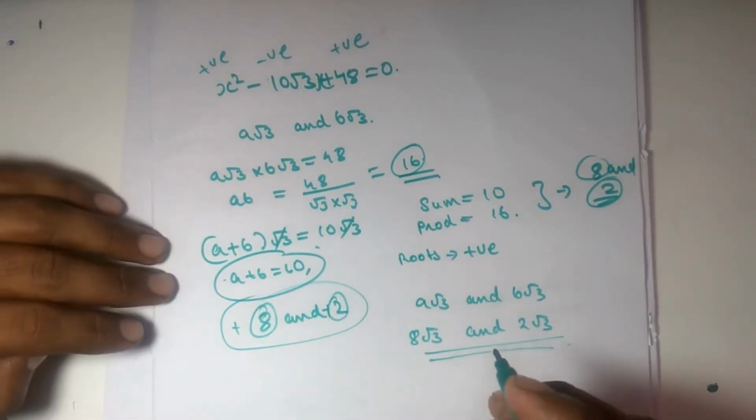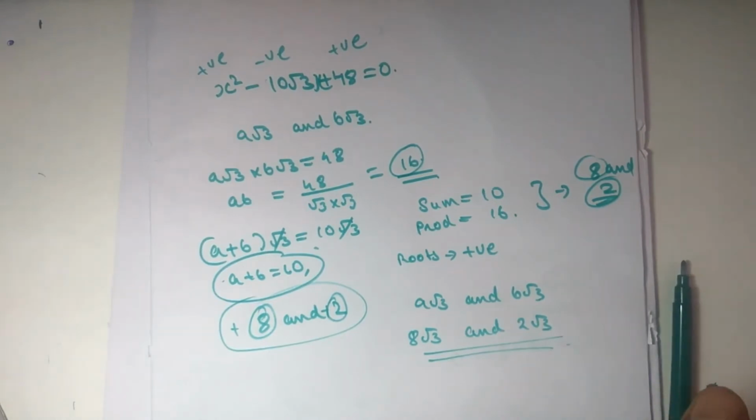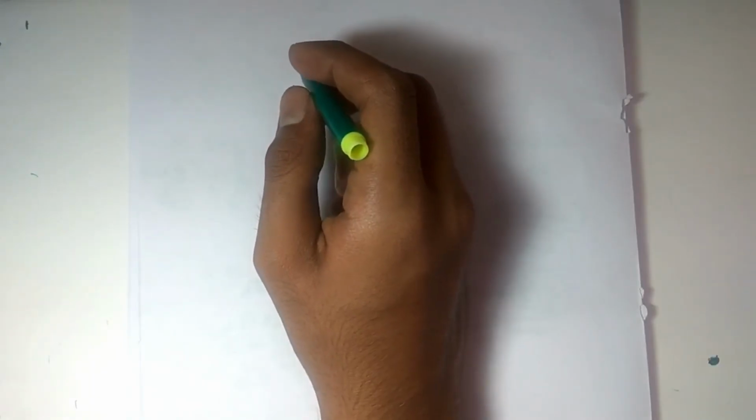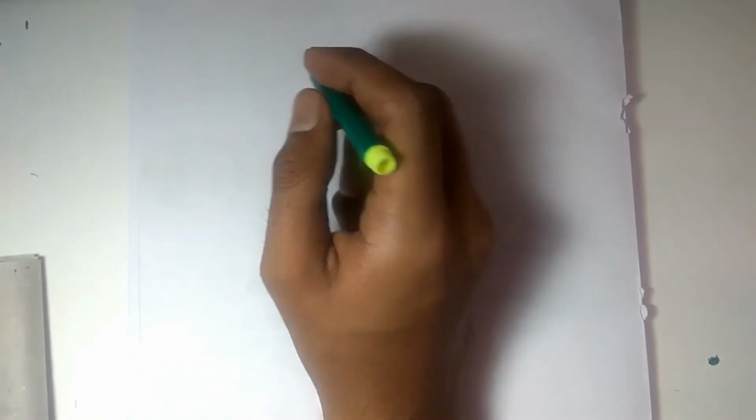In this way, we can solve any irrational equations. We are moving on to the last session of the day. In this session, we are going to discuss a common mistake which some of us may commit during an exam.